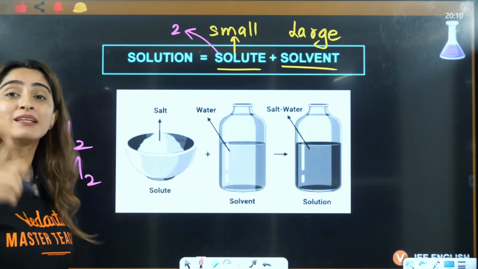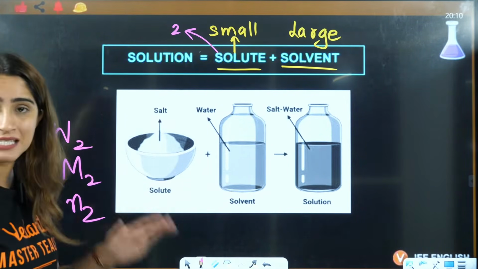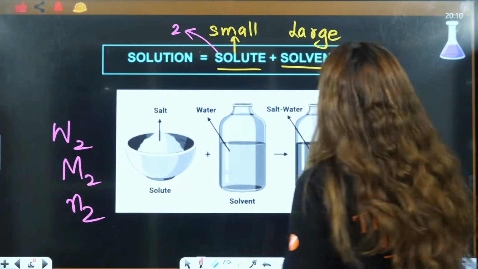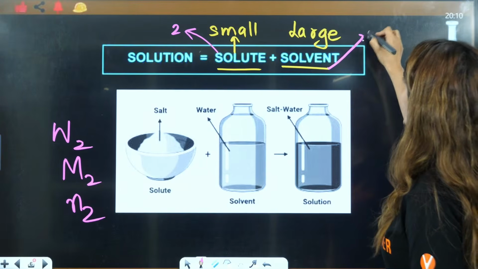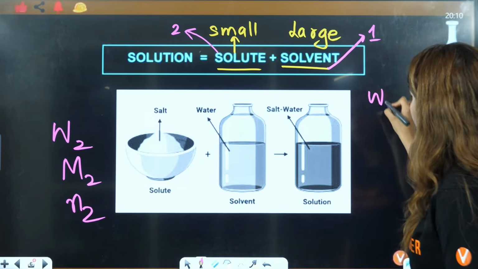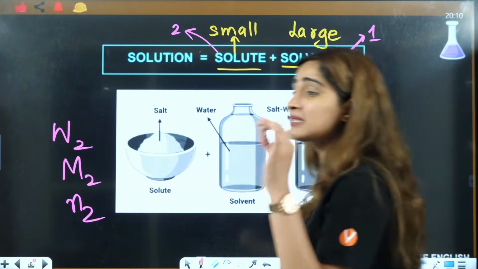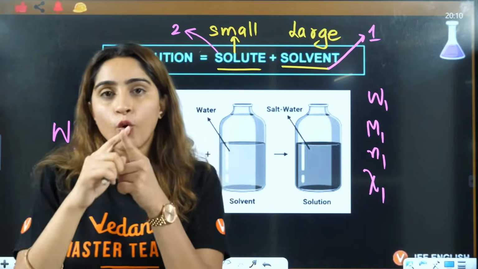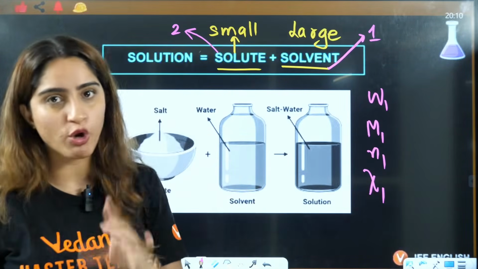Number of moles of solute, I'll denote it by N2. But if I talk about solvent, we will denote it by 1. That means W1, M1, N1, mole fraction of 1. Whenever you see 1, that means we are talking about solvent, not the solute, right?